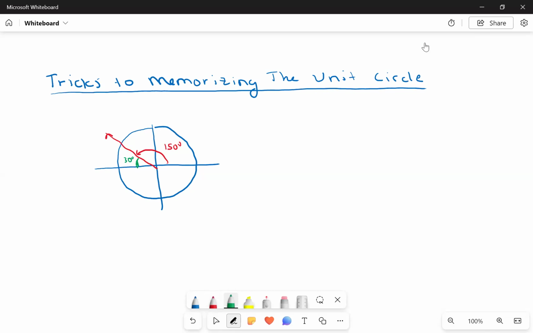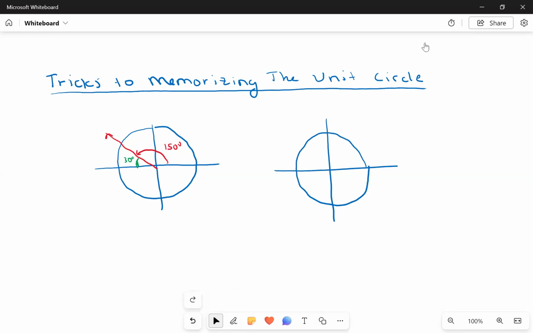Let's say we have an angle in the fourth quadrant, like that.